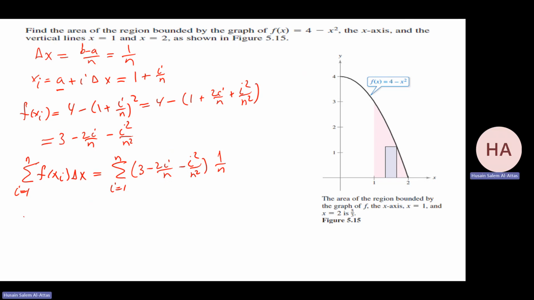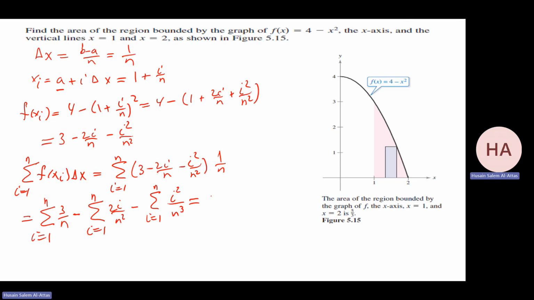Okay. That will be what? Summation i equals 1 to n of 3 over n. Okay. Minus, let me do it in steps, summation i equals 1 to n of 2i over n squared, minus summation i equals 1 to n of i squared over n cubed. That gives me what?